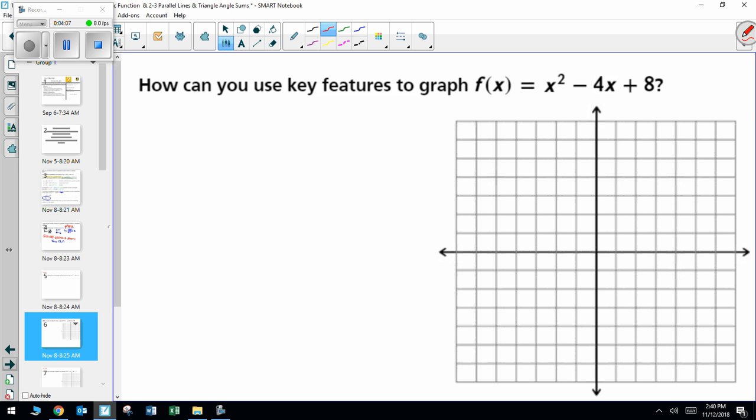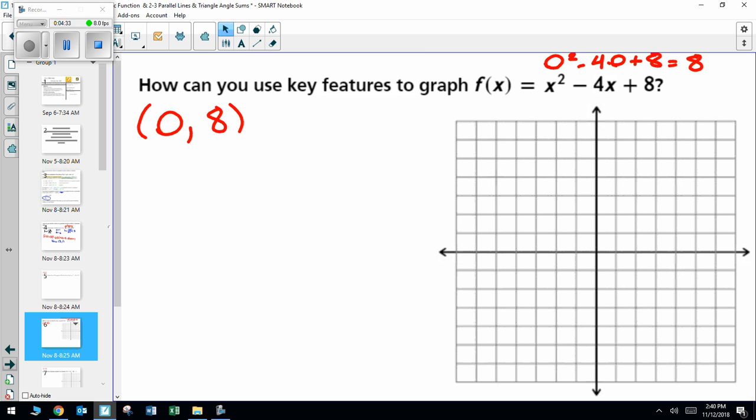Because remember, the y-intercept is where x is 0. So to find out what the y-intercept would be here, all I have to do is plug in 0 for x, and I get 0 squared minus 4 times 0 plus 8, which is 8.